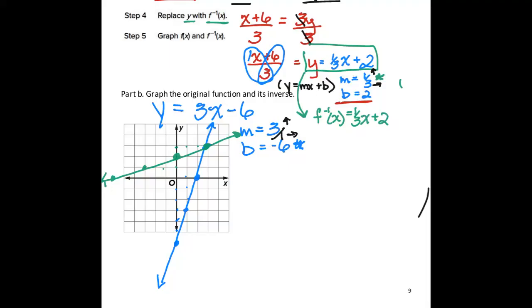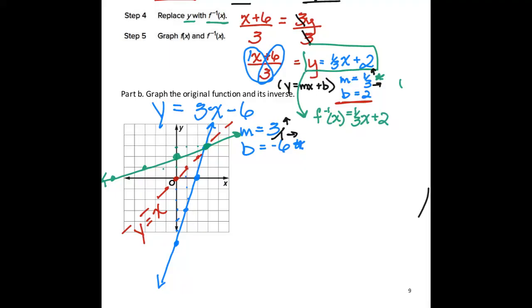Since we are talking about inverses, there is a single line called the line of reflection that would show these as inverses. So if I start here at 0, 0, 1, 1, 2, 2, and if I drew this line, kind of like a dashed line in here, that is the line y equals x.